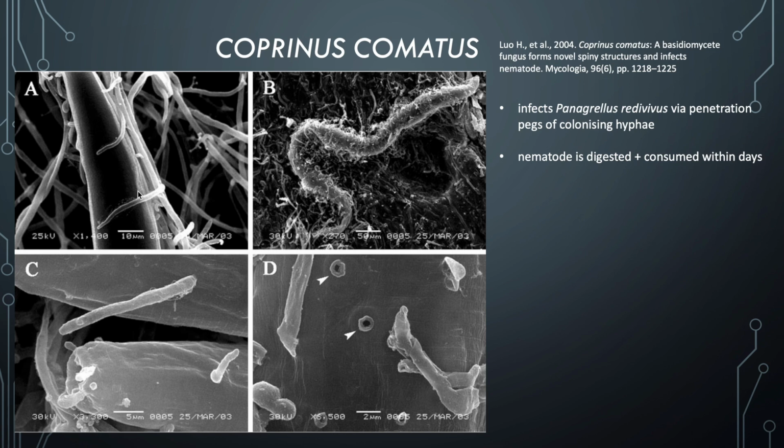And this will be probably associated with some enzymes secreted by these pegs to penetrate the cuticle of the nematode. And this image shows the holes that are created within the nematode through these hyphae that penetrate its cuticle. And then the nematode is basically digested and consumed within days once the hyphae get inside.